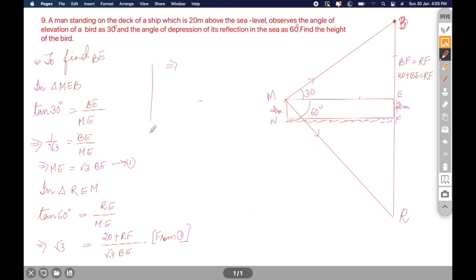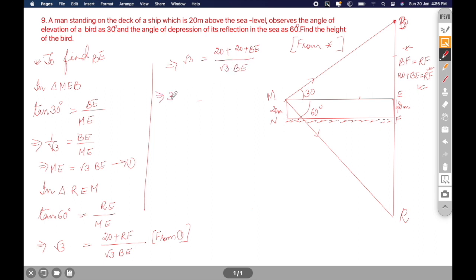Next, here root 3 equals 20 plus, please note that RF is 20 plus BE. So RF is replaced by 20 plus BE. It is over here I have shown. So from this part, divided by root 3 BE.